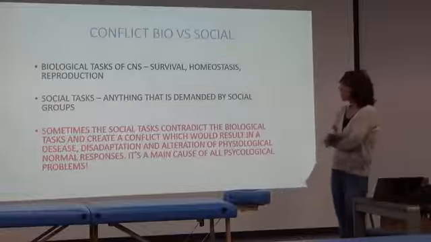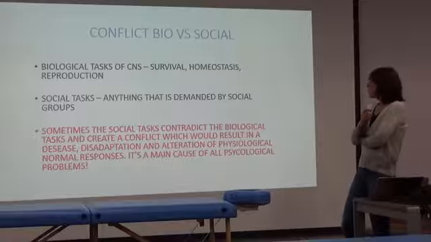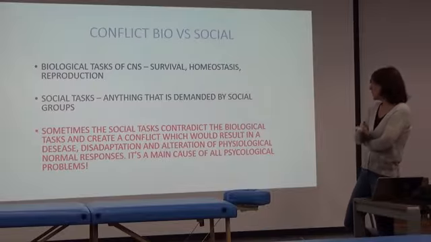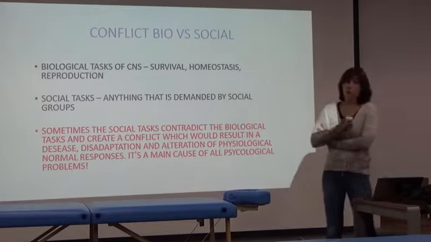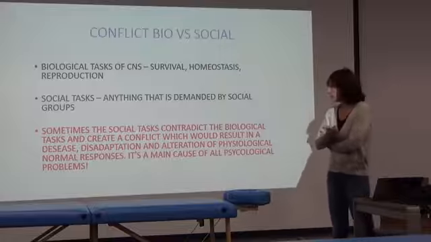And sometimes the social tasks in our social life contradict the biological tasks and create a conflict which would result in a disease, disadaptation, and an alteration of physiological normal responses. And that's the main cause of many physiological and psychological problems.